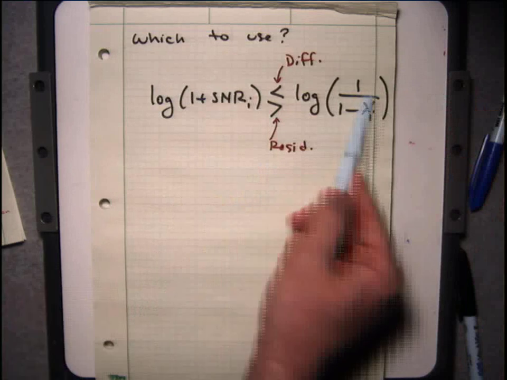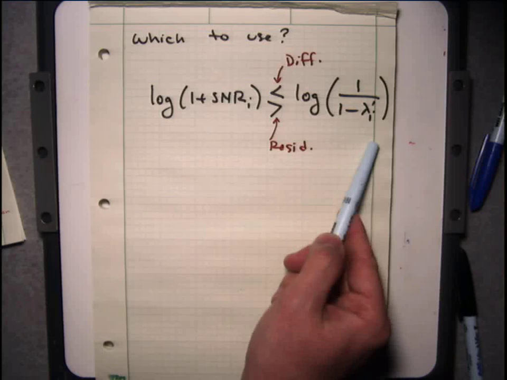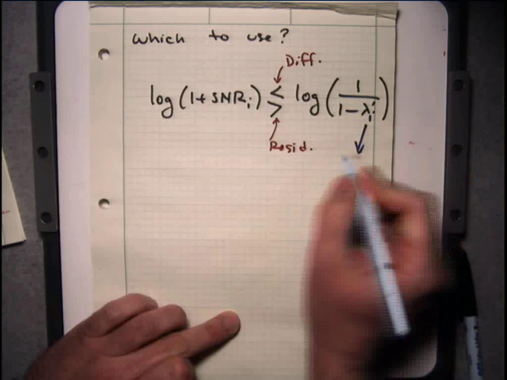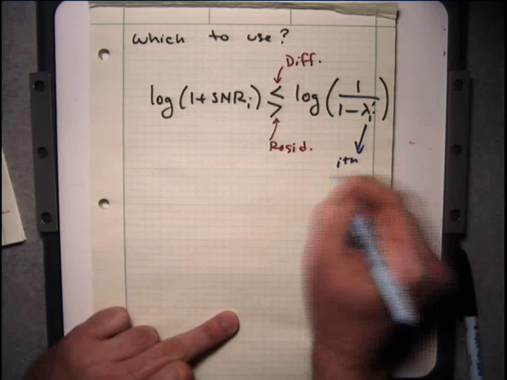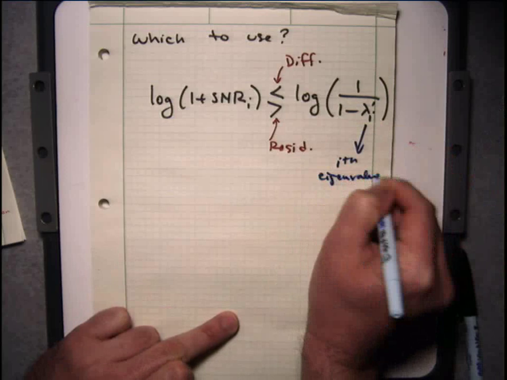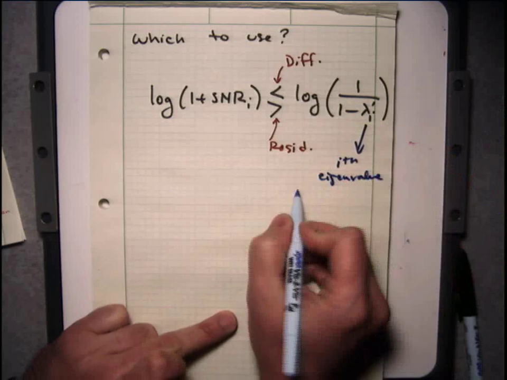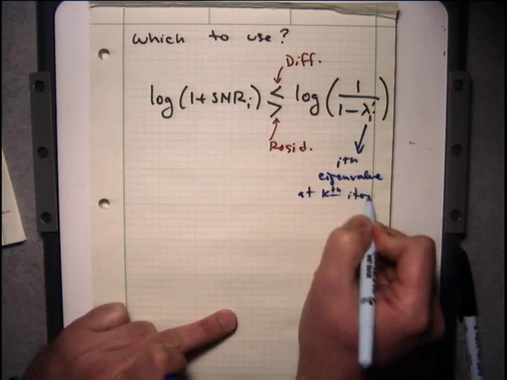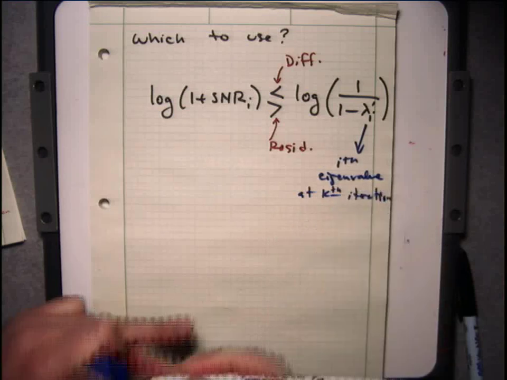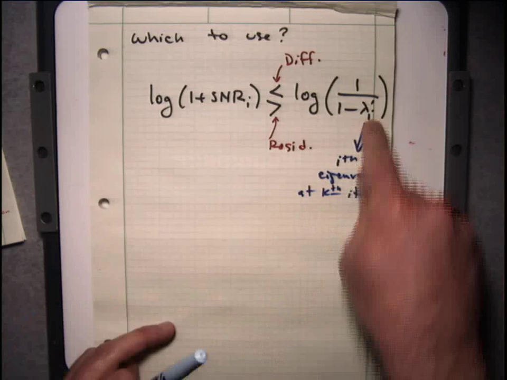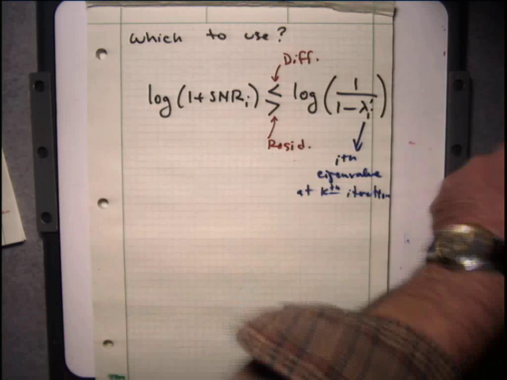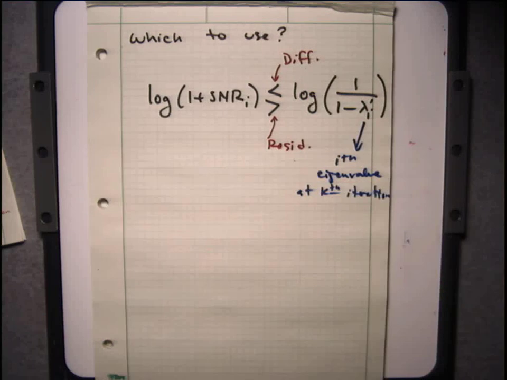Okay. Now this lambda_i prime, I just want to be clear, is the ith eigenvalue for the corresponding method at the kth iteration. So in other words, the lambda_i is not the same for these two different methods. Because in one of them, lambda_i simply goes to lambda_i to the k, and in the other case, it doesn't.